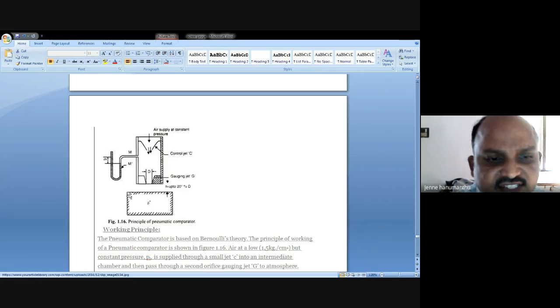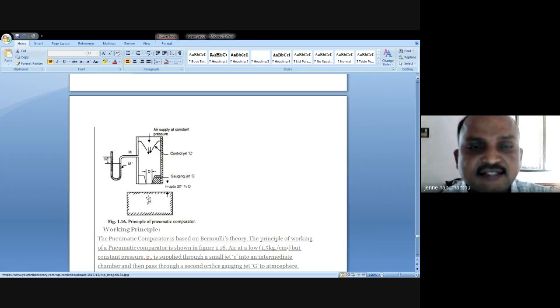When the surface has some irregularities or rough patches, there is a deviation in the pressure. That deviation you can observe on the manometer. If there are deviations on the surface, then because of Bernoulli's concept, that deviation of the pressure will be detected on the manometer.